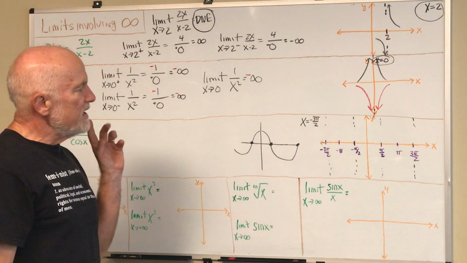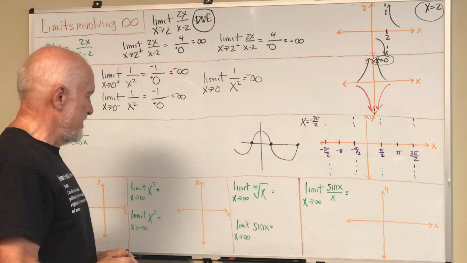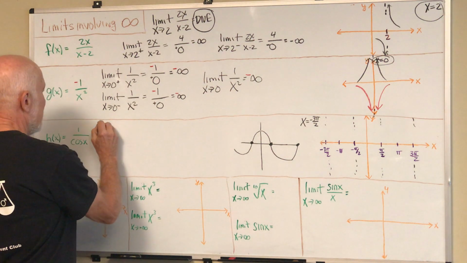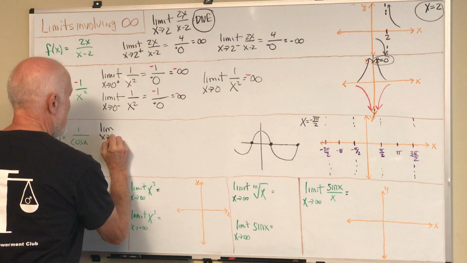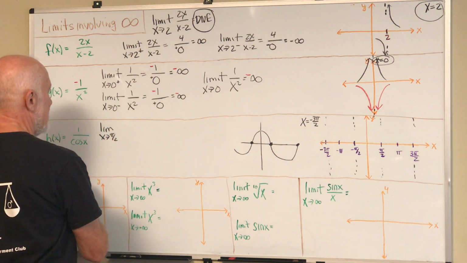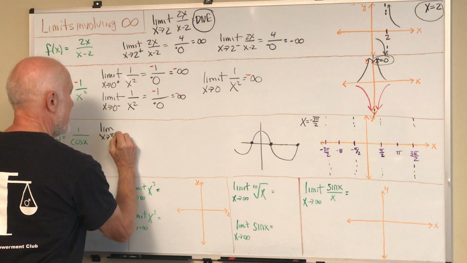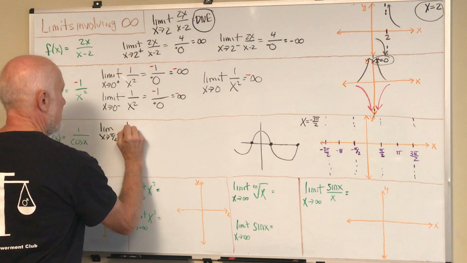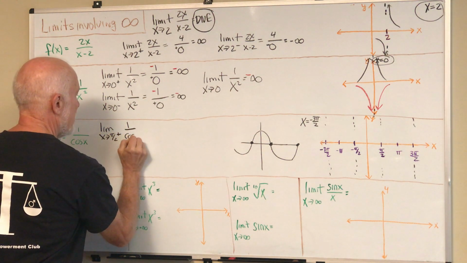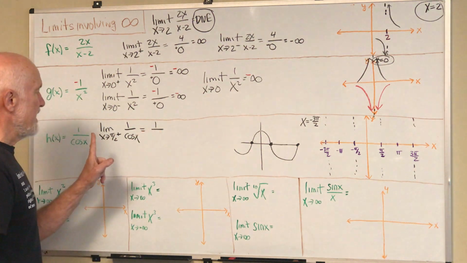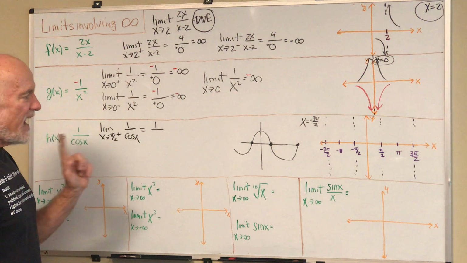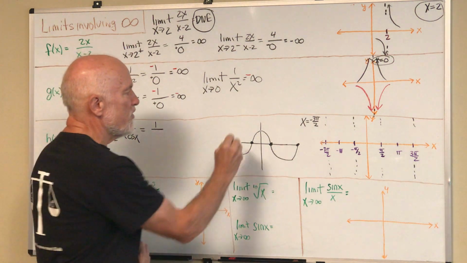Okay, what about the limits? Well, if we take the limit as x approaches pi over 2, let's say from the right. Now, this is going to be a little bit tricky. 1 is just 1, but we have to have knowledge of the cosine of x over here.